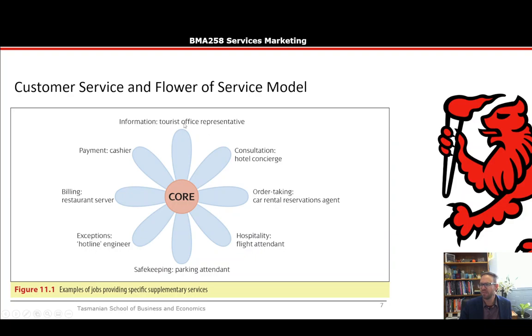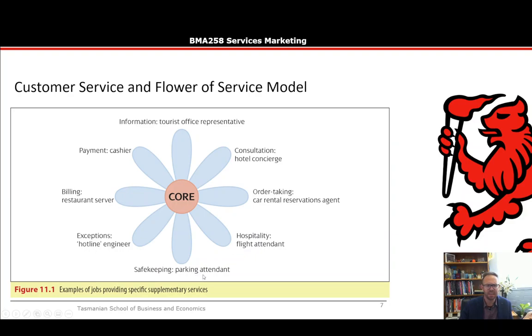All right, so here we've got the customer service and the flower of service model. So for information, such as a tourist office representative; consultation, such as a hotel concierge; order taking for like car rentals or hospitality; flight attendants. So all these people here are examples of jobs of people that do customer service and fulfil these supplementary roles of Lovelock's flower of service model.